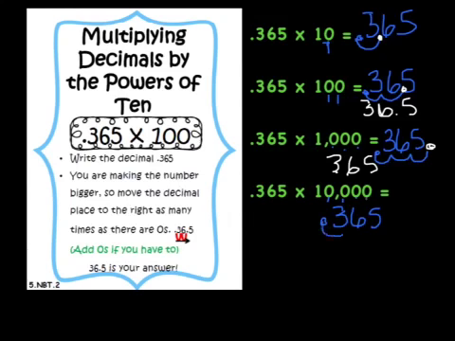So we move 1, 2, 3, and sometimes we have to add a 0 and put our decimal. So 365 thousandths times 10,000 is going to be 3,650. Notice we're getting larger with our numbers.